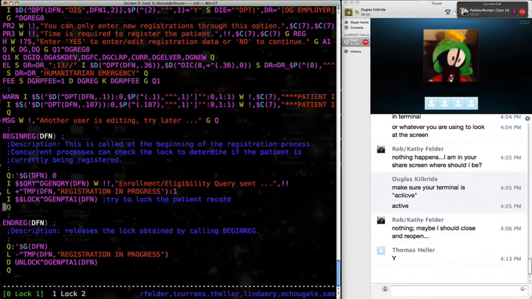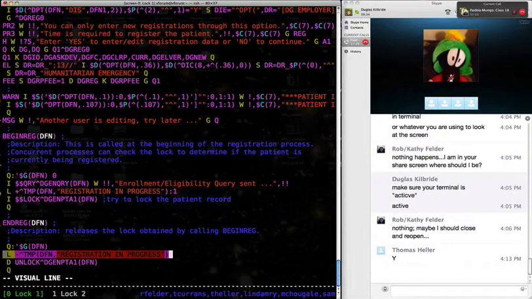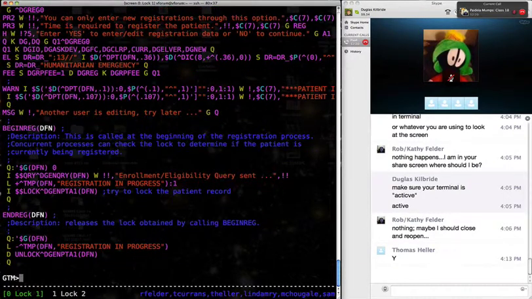Here's the lock acquisition, and then here's the unlock. It's below it. So let's sort of underscore this.